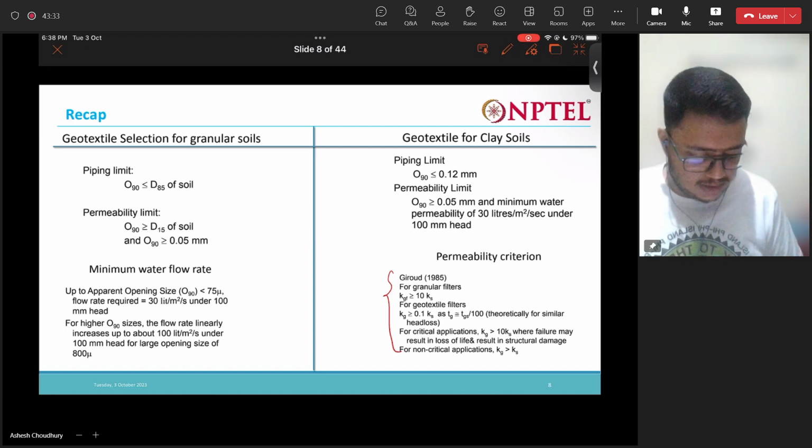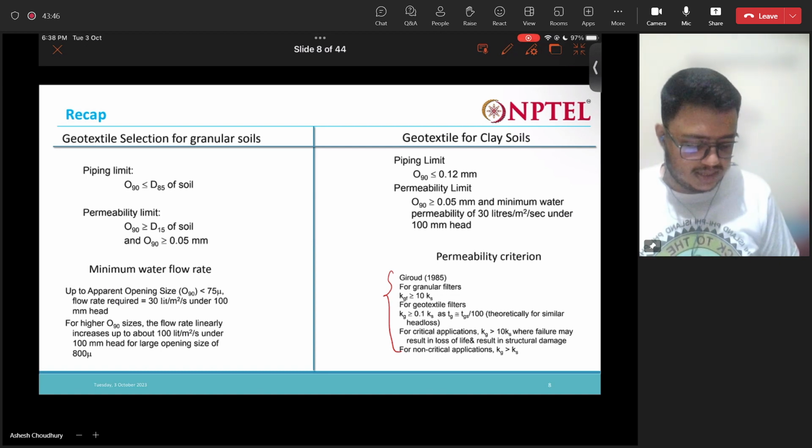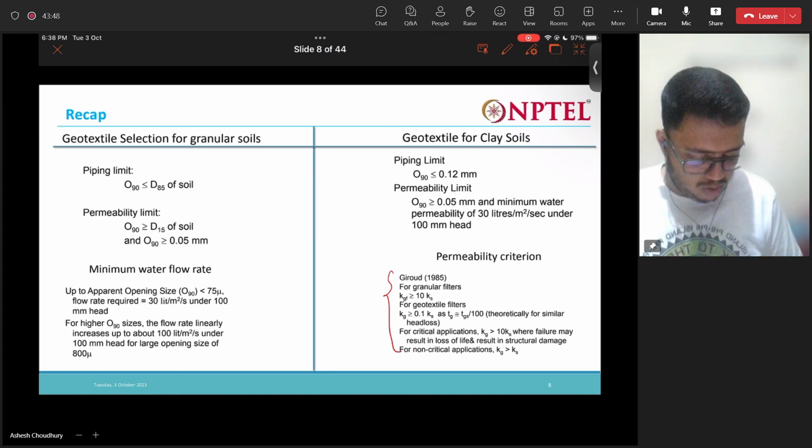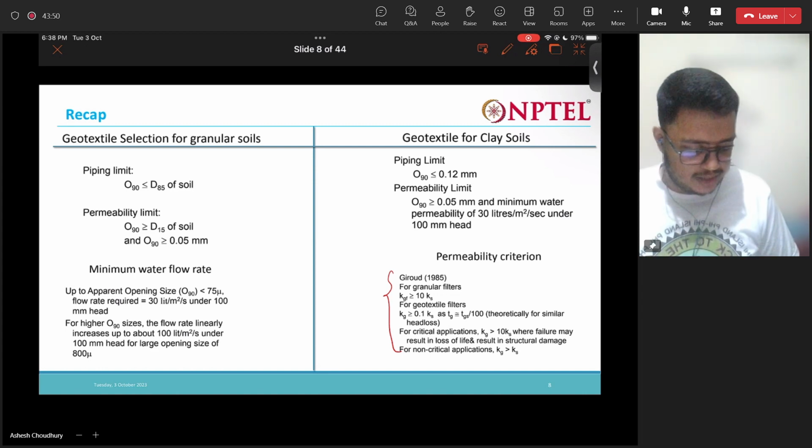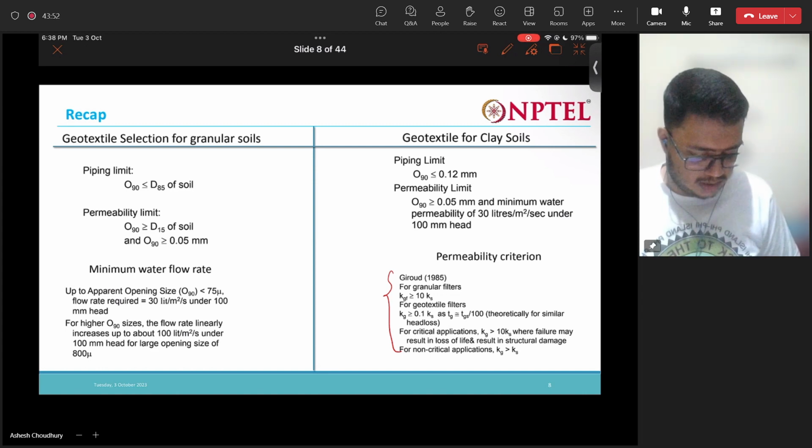And for geotextile filter, the K of geotextile filter should be greater than or equal to 0.1 Ks, as the thickness of geotextile is almost 1 by 100th of the thickness of the granular soil.